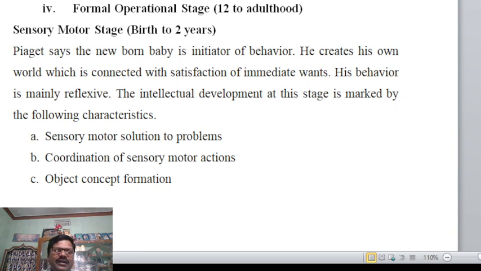Mother and family members are the only society, right? And whatever gives immediate satisfaction, he reacts to his desires and wants accordingly. So he creates his own world connected with the satisfaction of immediate wants.